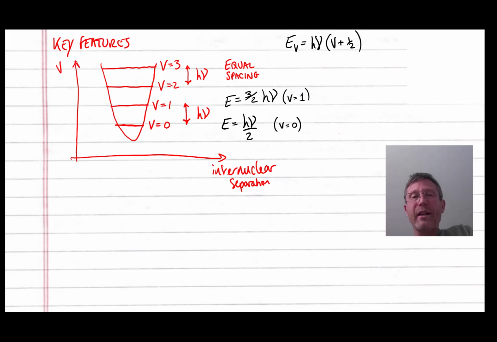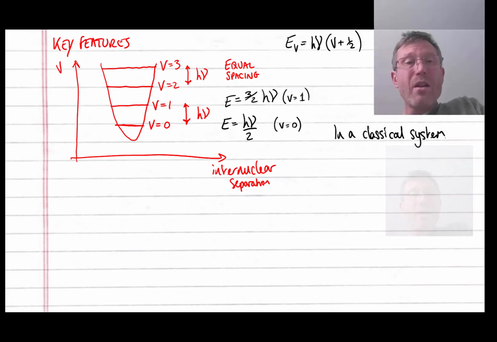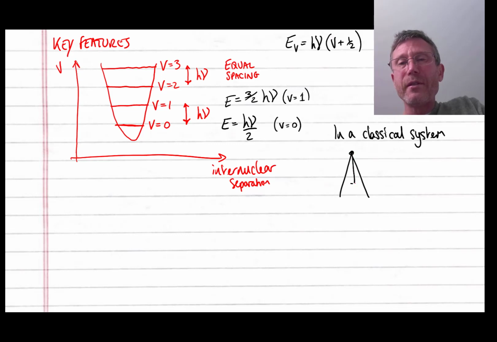In a classical system, we know that when a little boy is sitting on a swing, just sitting there daydreaming and not swinging anywhere, the energy of that conservative system would be equal to 0, because he's not moving.